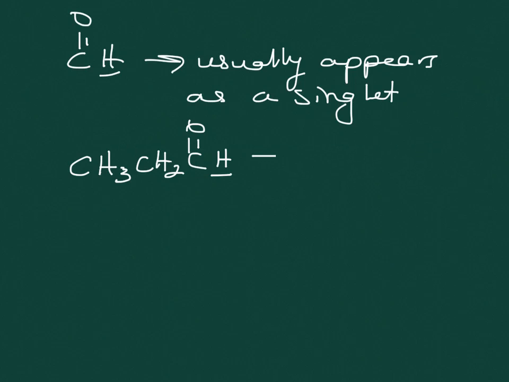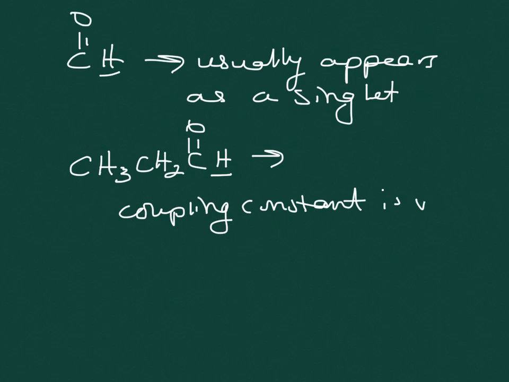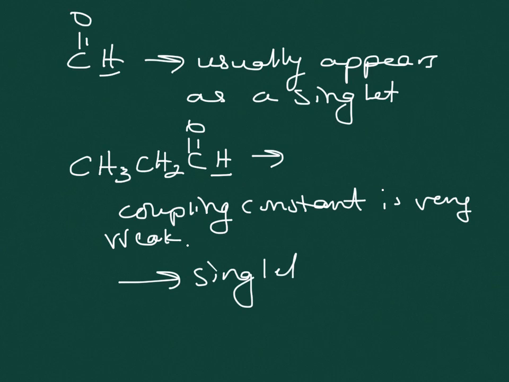For this aldehyde proton, the coupling constant is very weak. As a result, it will appear as a singlet. And it has a very distinct chemical shift near 10 ppm.